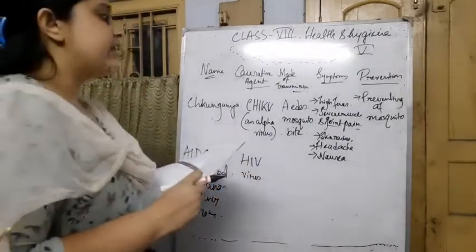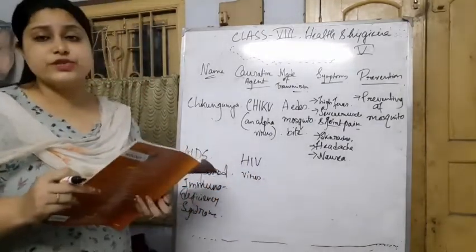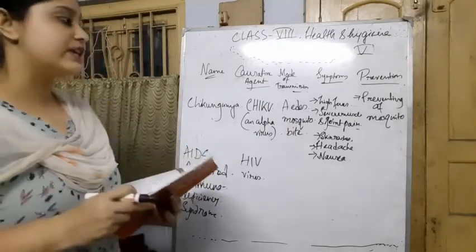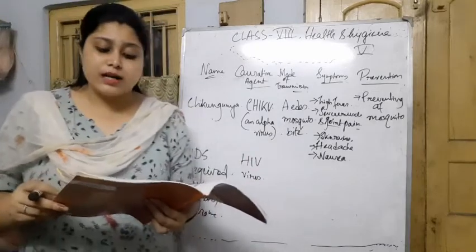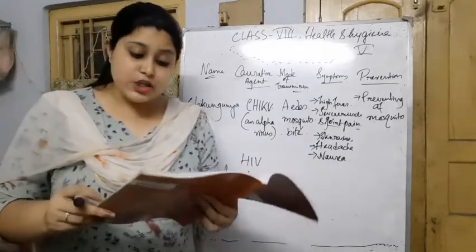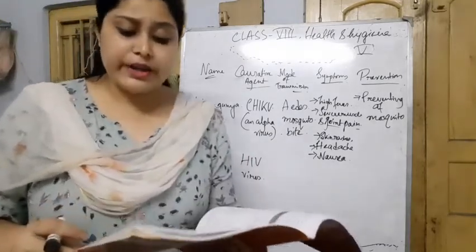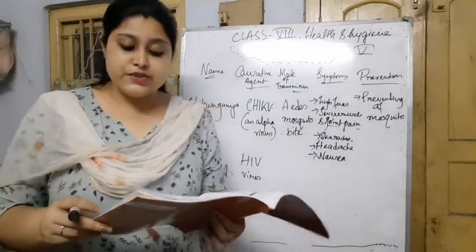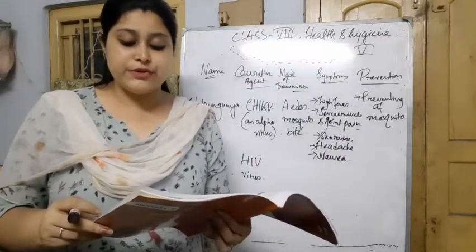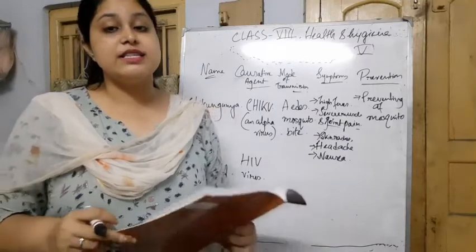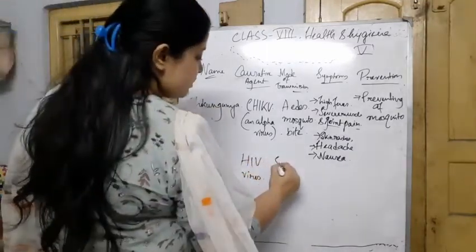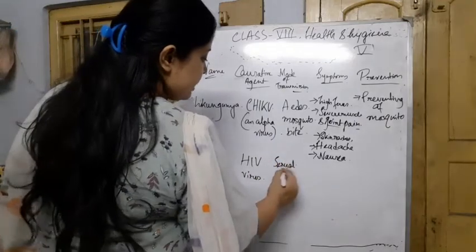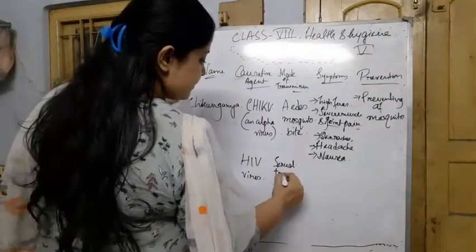It is mainly transmitted by sexual transmission and also by used needles, like exposure to infected blood through cuts and wounds, etc. Sexual contact, organ transplant, blood transfusion, and from mother to child during pregnancy and childbirth, the disease can spread. So mainly it is a sexually transmitted disease.